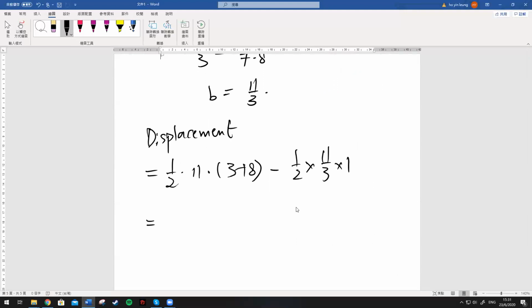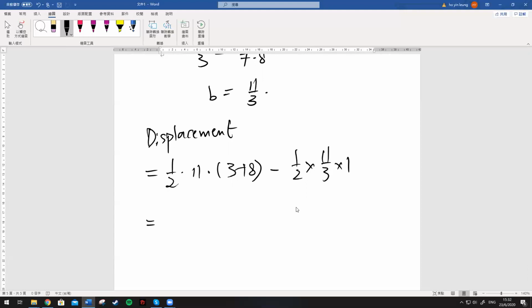So this one should be half times 11 times 3 plus 8. Should be 352 over 6.